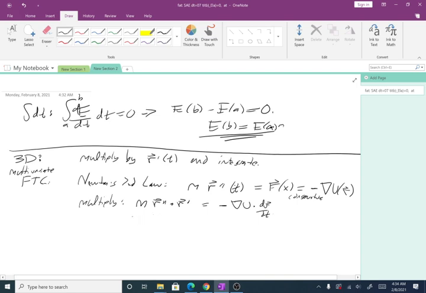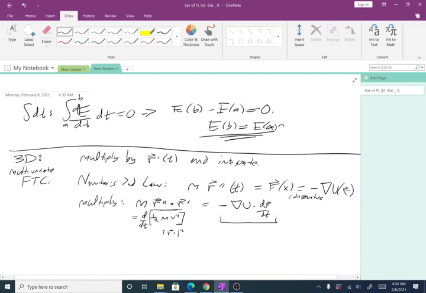So as before, you would expect 1/2 mv squared. And it turns out this is the case. This is just by the chain rule. It turns out differentiating this gives you that dot product. And therefore, you would expect something similar.